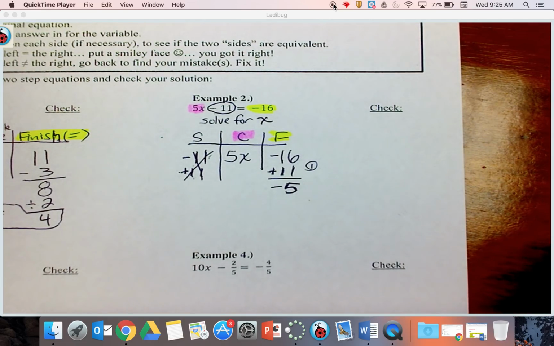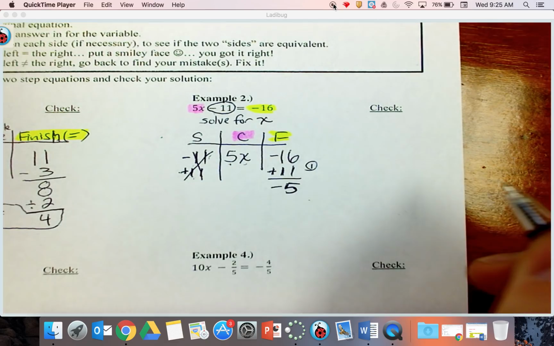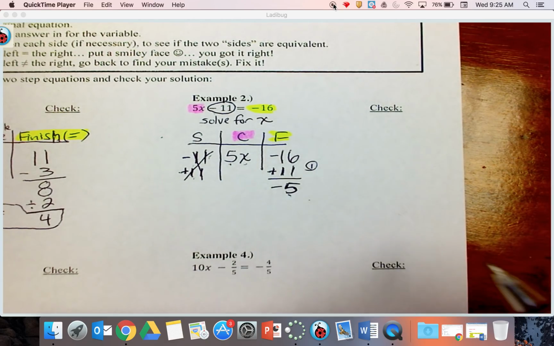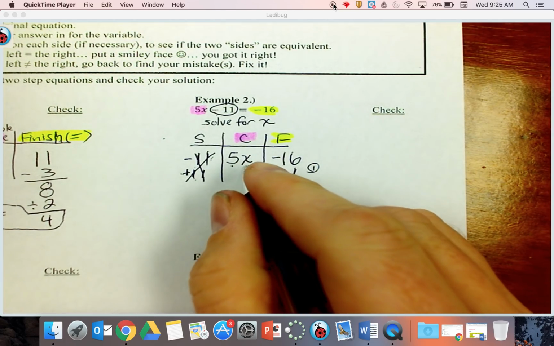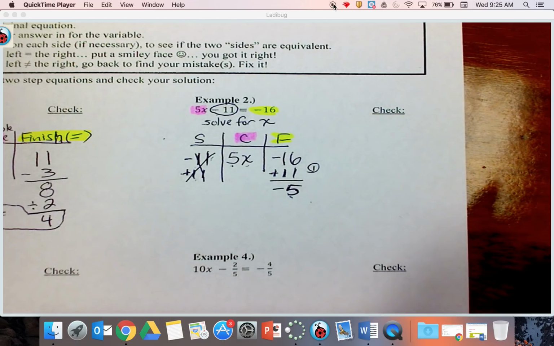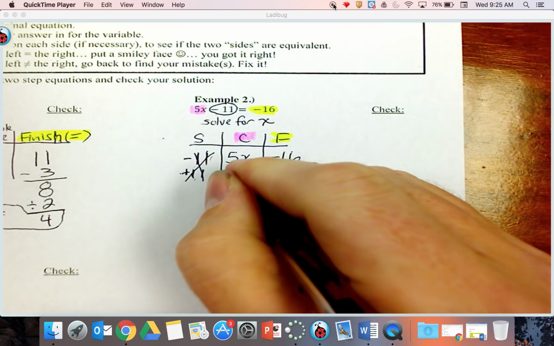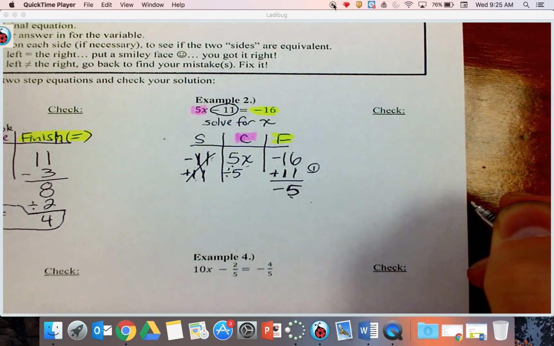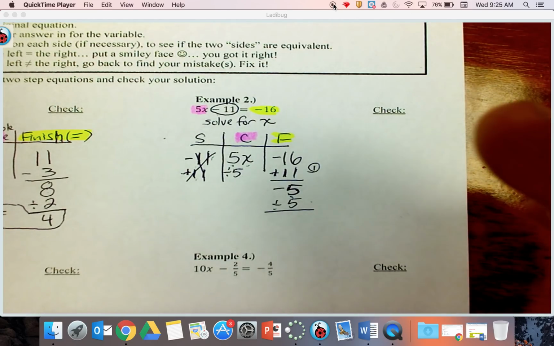Now I've got to do my second step. My second step is to move this 5 that's being multiplied over to this side, because now I have a 1-step equation. I have 5 times x equals negative 5. So the opposite of times is dividing. Divide that by 5. Divide this by 5. Remember, it's not 5x I'm dividing by.